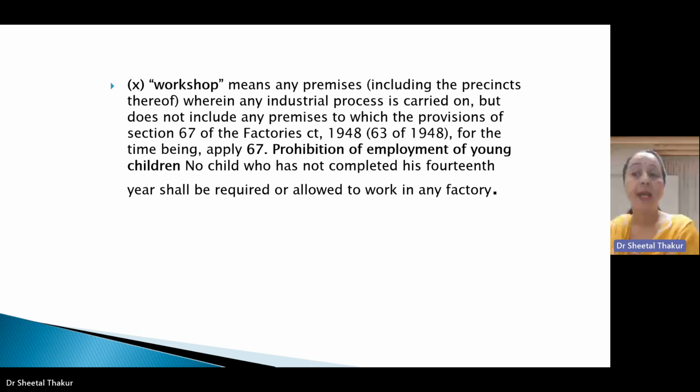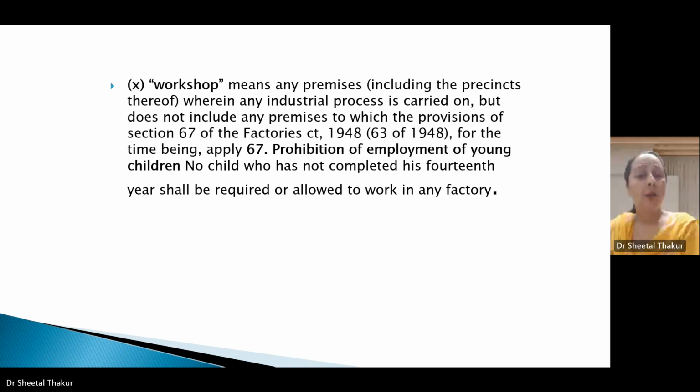So that is the exception to this prohibition, which is the complete prohibition of child labor. Another provision under this act is mentioned in section 3A, which talks about employment of adolescents in certain hazardous occupations and processes.